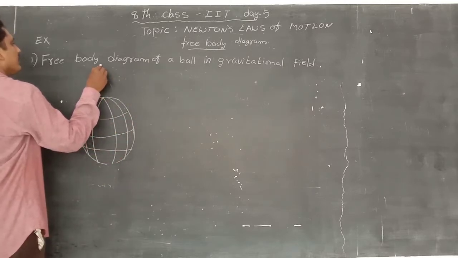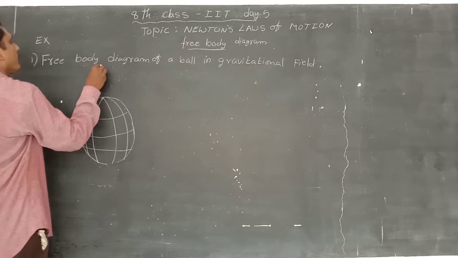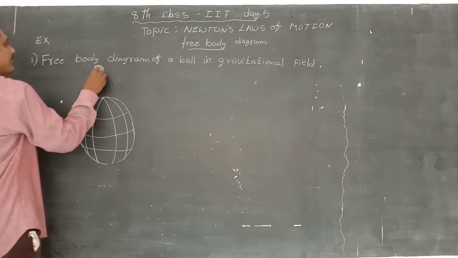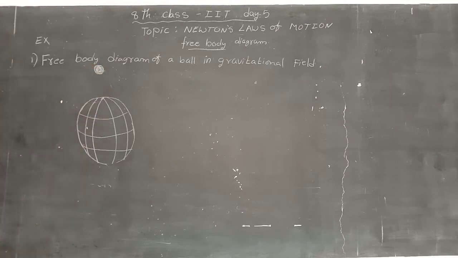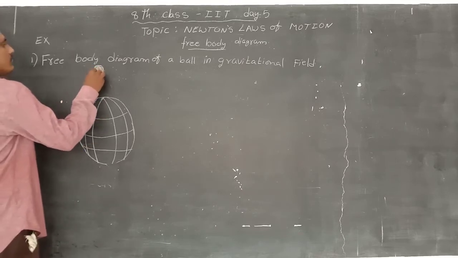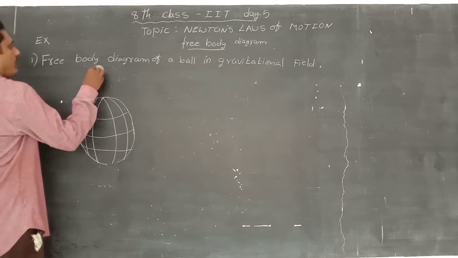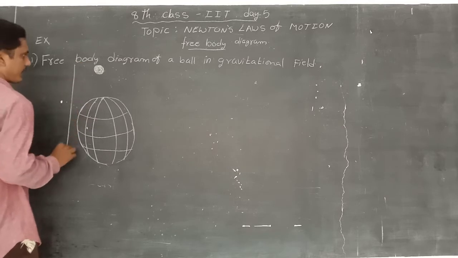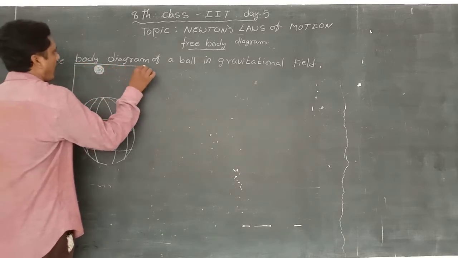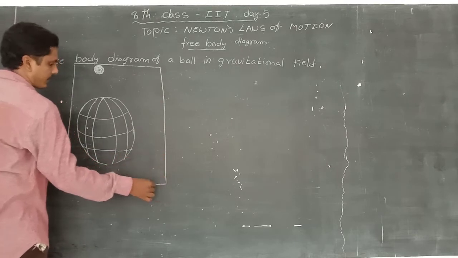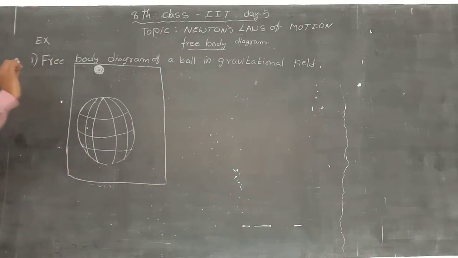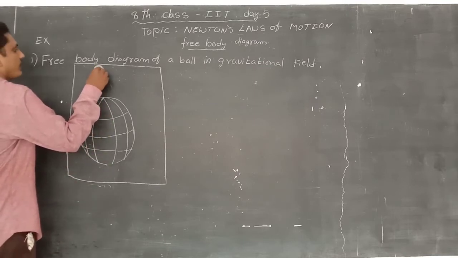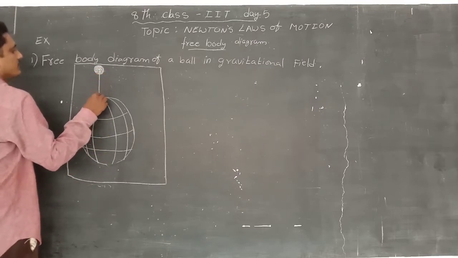Consider a ball having mass m at a certain height. This ball is placed in a gravitational field. This is the isolated diagram. Look here, the weight of the ball acts vertically downward.